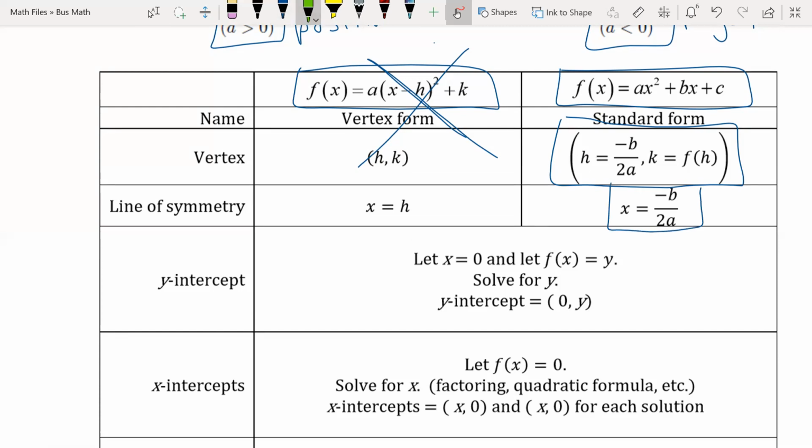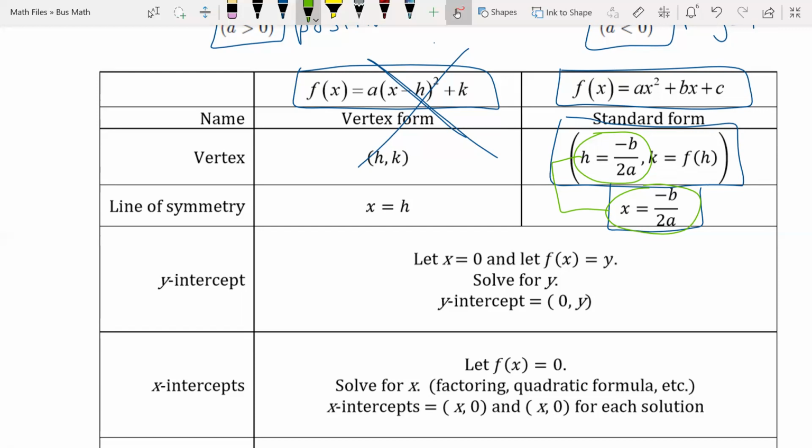Well, if you notice, this is the same formula that you use to find h. Here, h equals negative b over 2a. Here, x equals negative b over 2a, which means that if you have h, you have your axis of symmetry. So if you have the value for h, then you have the value for your axis of symmetry. Those go hand in hand. That's 3 points right there.